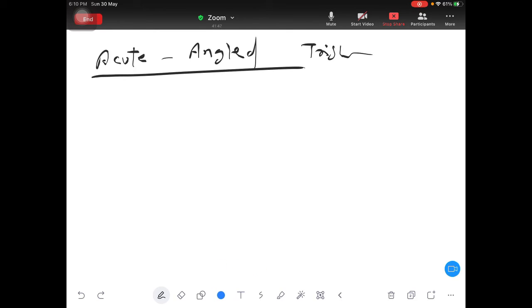In the triangle, every angle should be less than 90 degrees. So imagine you have a right angle triangle. This angle, of course, looks less than 90 degrees. This also looks less than 90 degrees. But this is exactly 90 degrees.